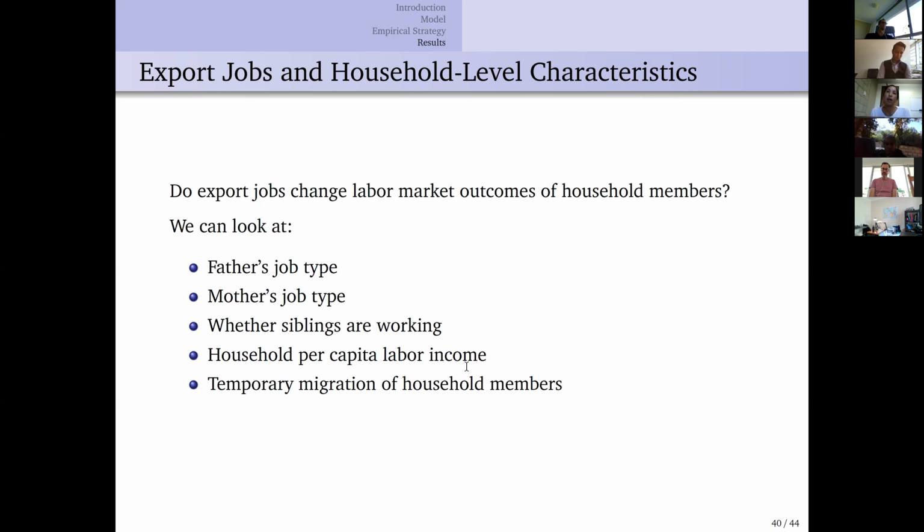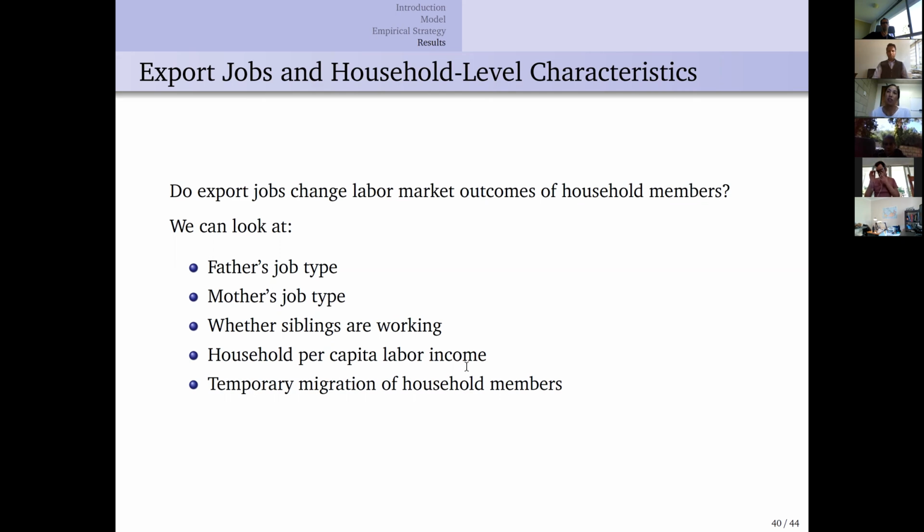We can look at the father's job type in terms of these broad categories. We can look at the mother's job type, although there are a lot of missings, and we don't really know whether they're true missings or just non-workers. We know whether the siblings are working, so that might be a potential channel. And we also have household per capita labor income, as well as okay proxies for the temporary migration of household members.